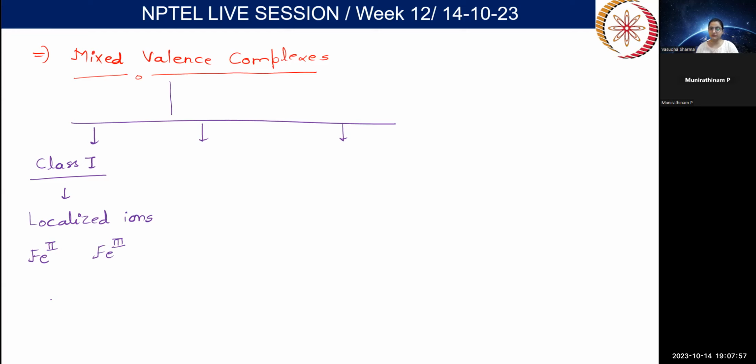There would be two different peaks, one peak for iron 2, one peak for iron 3, and suppose they both have the same spin state, and we know that iron 3 would be having a more negative delta value compared to iron 2, so we can expect to have, say, I'm not showing the splitting over here. I'm just considering a case where it is only the iron 3.